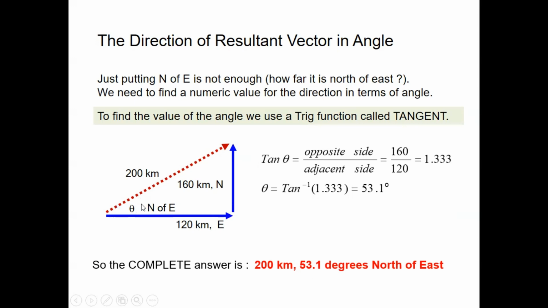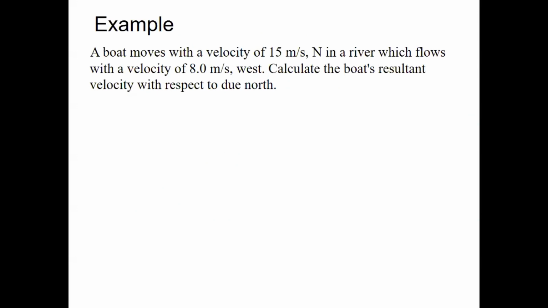This angle is showing from the east how much we are towards the north, and 53 degrees is less than 60 degrees. Okay, we move further. Another example is that a boat is moving with a velocity of 15 meters per second north in a river.